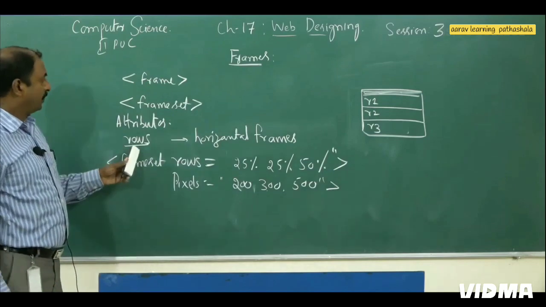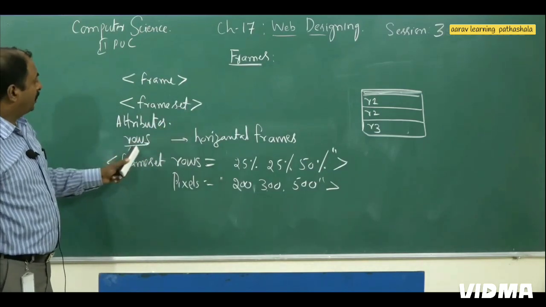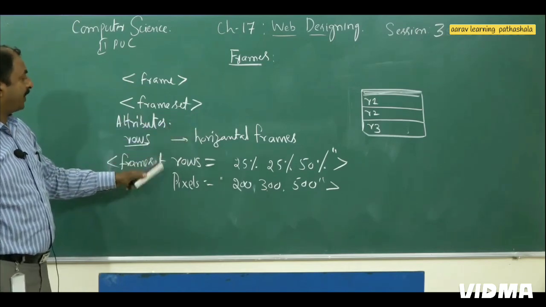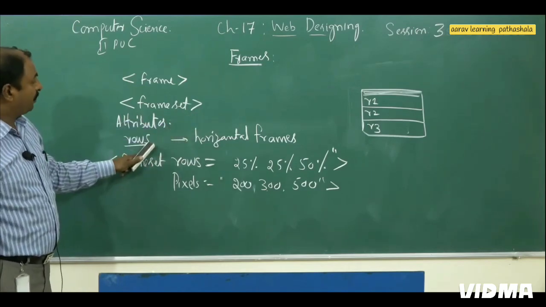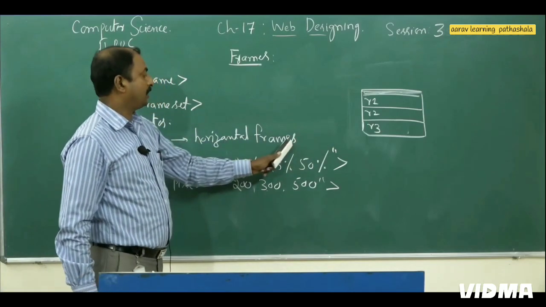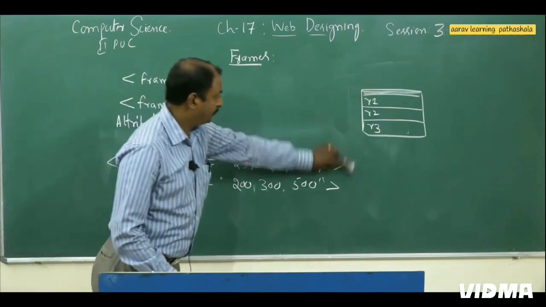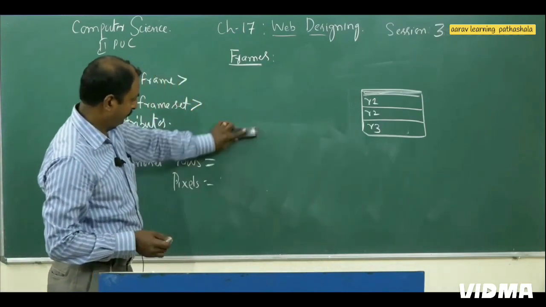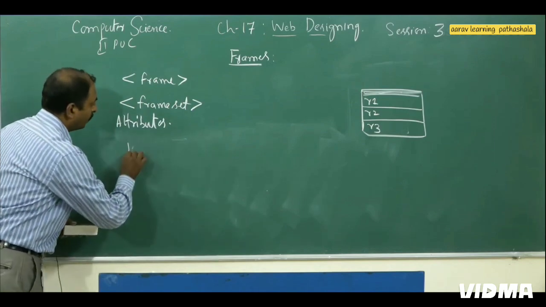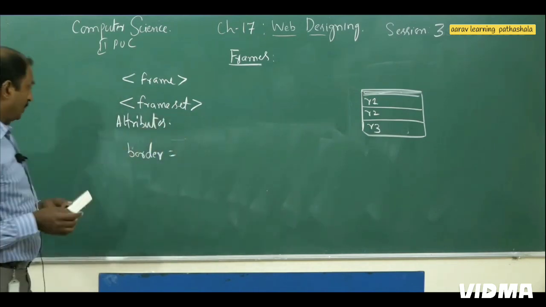So the frameset attributes are used to define the number of sections in the form of rows as well as columns. The rows attribute divides the web browser window into horizontal frames. Next, we have one more attribute called border.